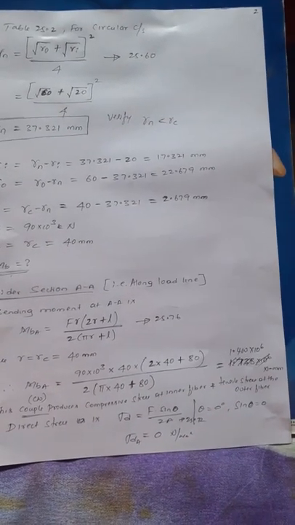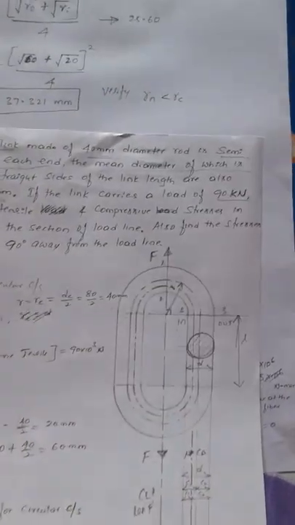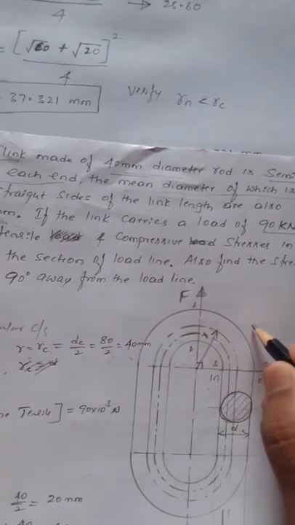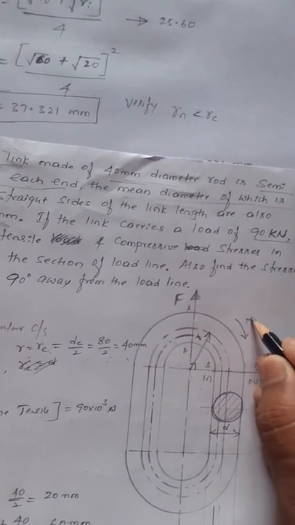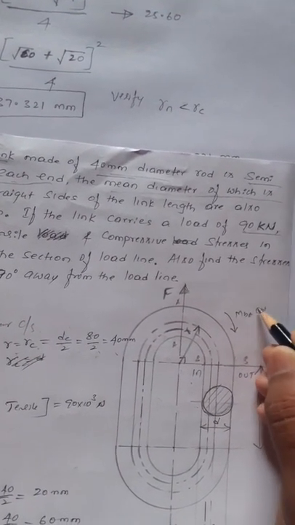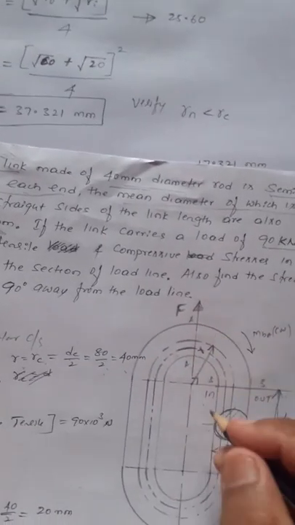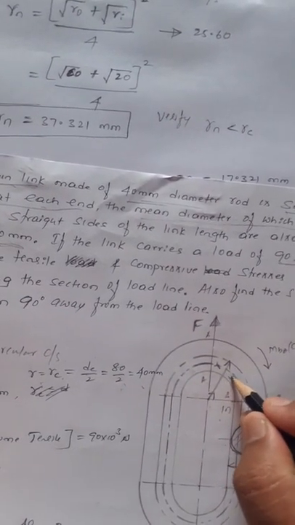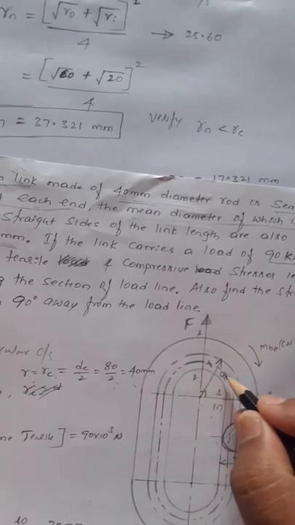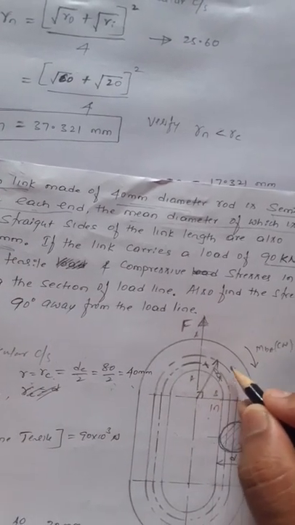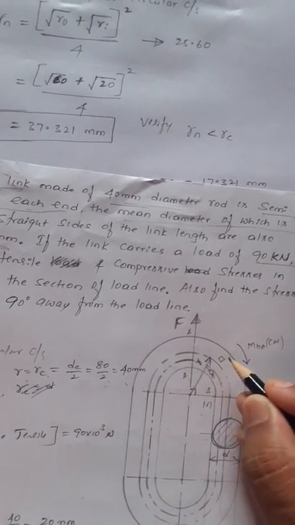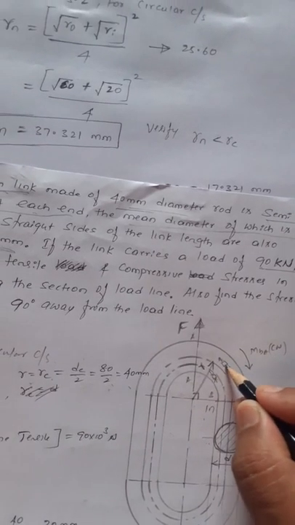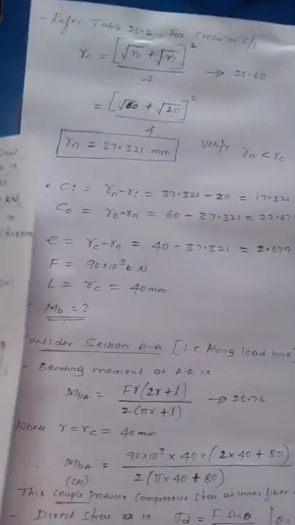Now how do you get the compressive and tensile stress? See, the bending moment at A produces a clockwise moment. Now it tries to bend this beam. Below the neutral axis, what happens here? A compressive stress. Above the neutral axis, am I right? It produces tensile stresses, right?